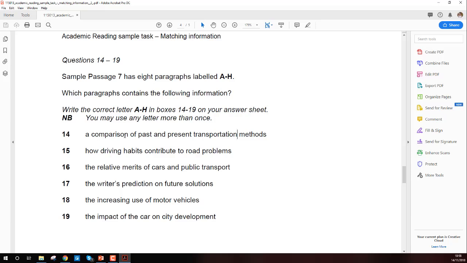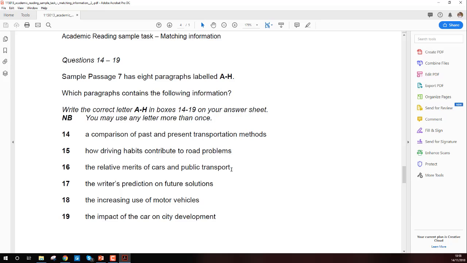A comparison, so when you compare, it could say comparing, so it might not have to change the word, but it might change the word form, like comparison, comparing, compare. Driving habits, road issues, road accidents, road concerns. Merits of cars, the good things about cars, the values of cars, the features of cars.